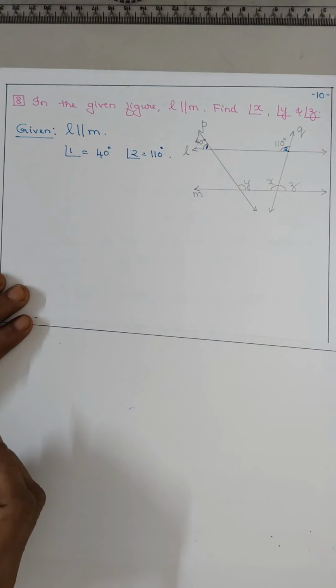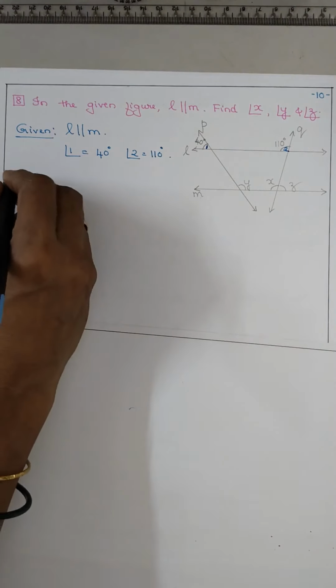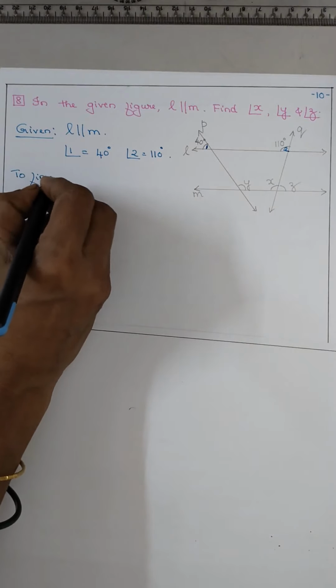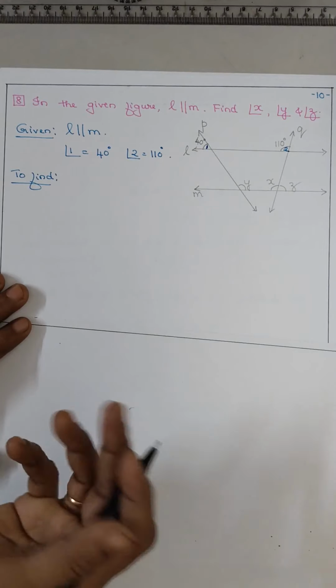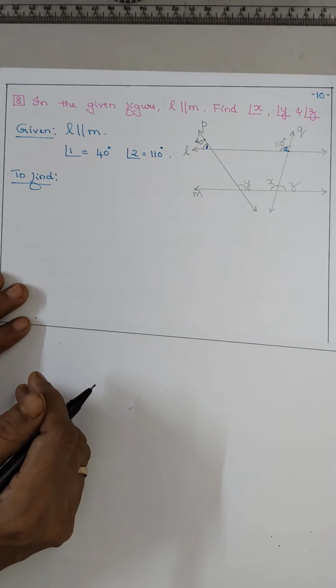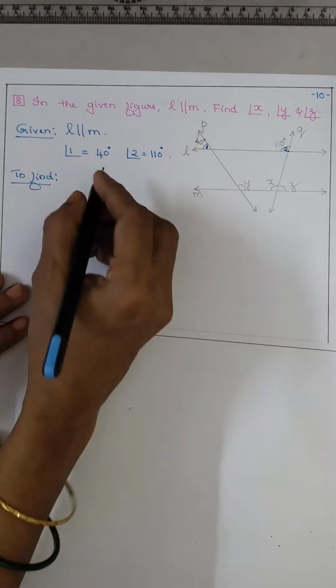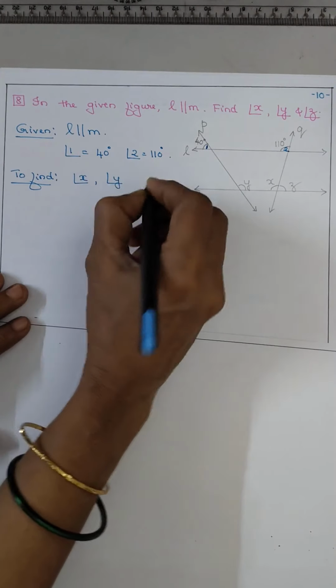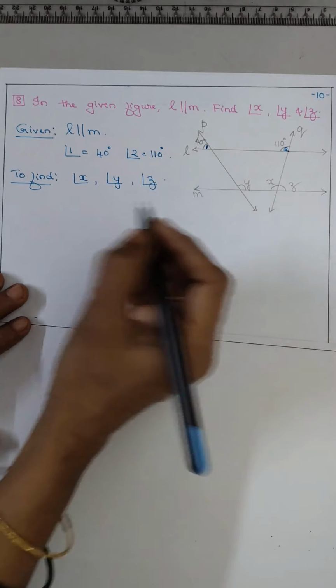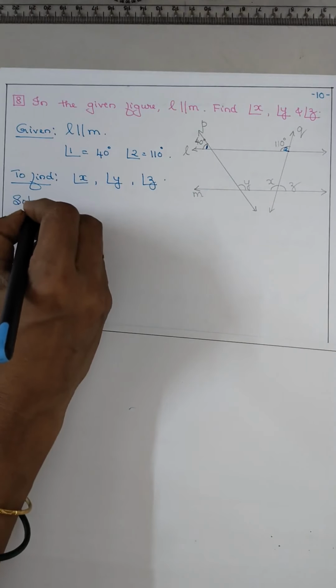Two angles are given. Now to find, when the name is not given, give the numbers 1, 2, 3 like that. Now to find X, angle Y and angle Z. Now solution.